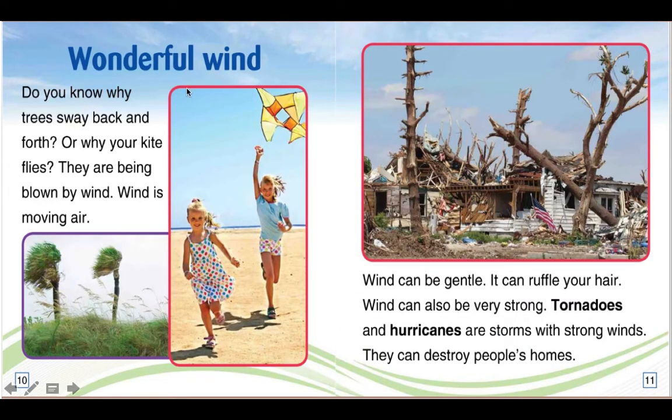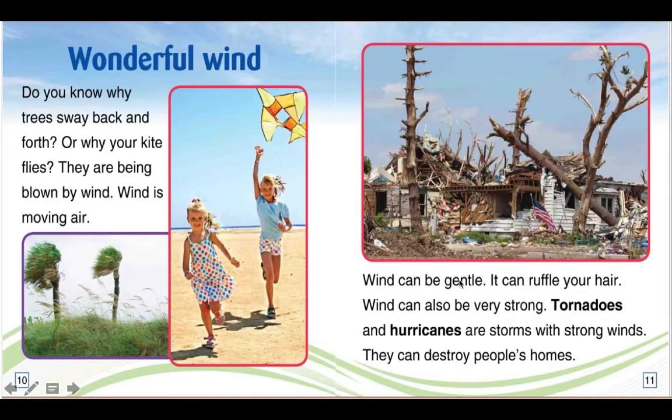The heading here is wonderful wind. So let's think about what we learned about wind while we read. Do you know why trees sway back and forth? If you look at this picture, this shows them swaying. Or why your kite flies? They are being blown by wind. Wind is moving air.